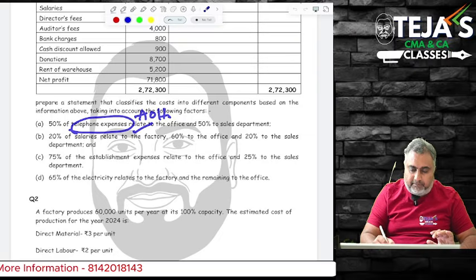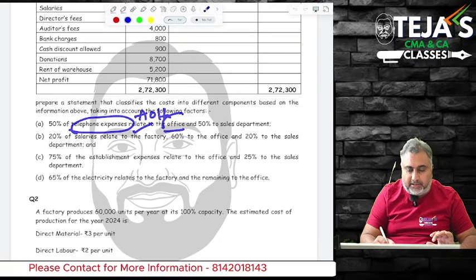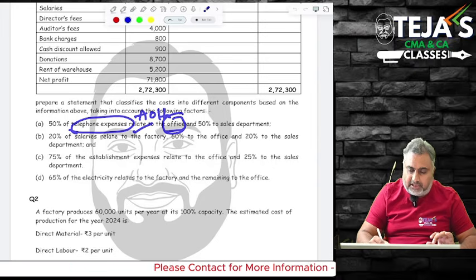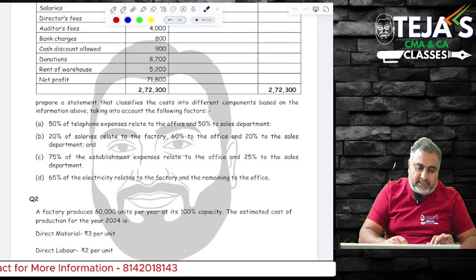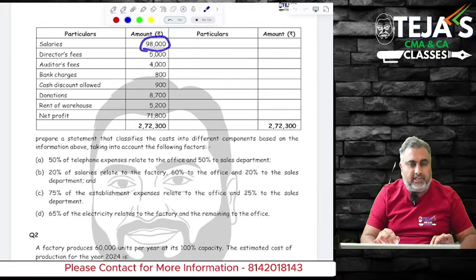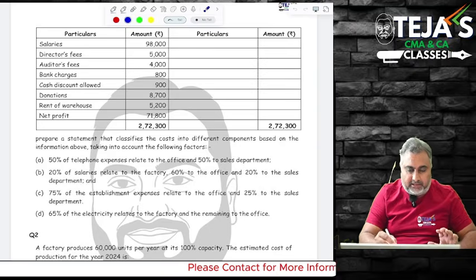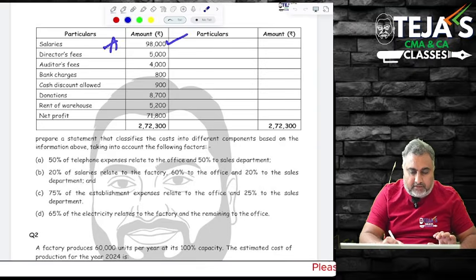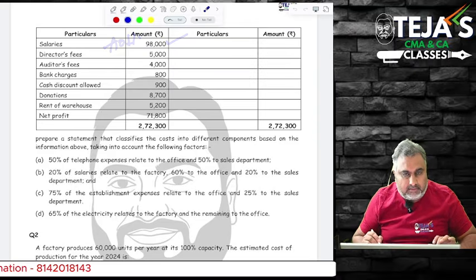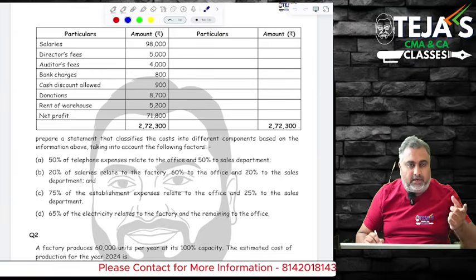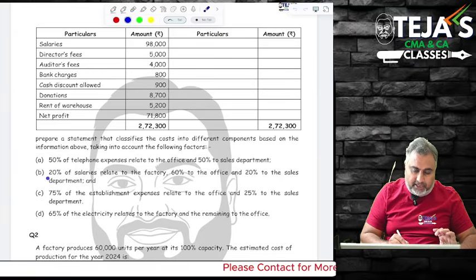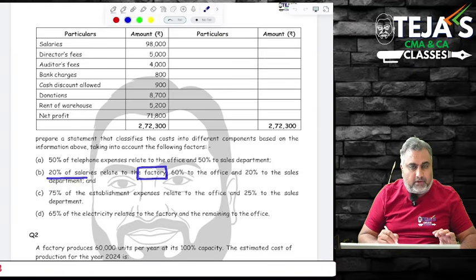Whenever they say 50% belongs to office, it means 50% will be covered under administrative overhead, 50% under selling and distribution overheads. Same way, salaries, which they provided as 98,000. If they don't provide any information, salaries will straight away be covered under administrative overheads, because wages belong to factory, salaries are covered under administration.